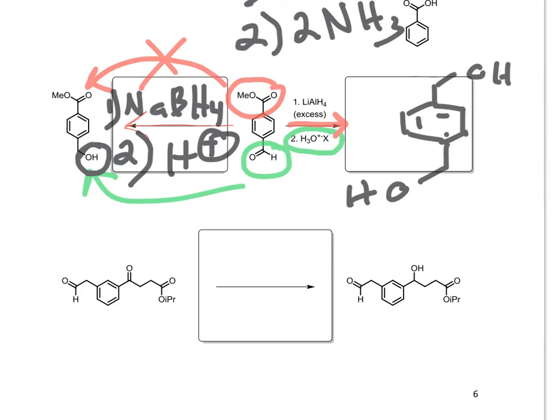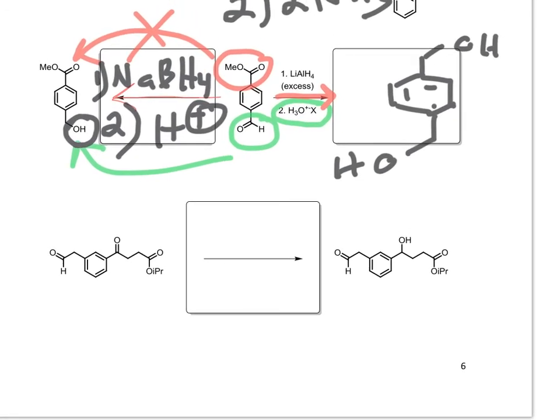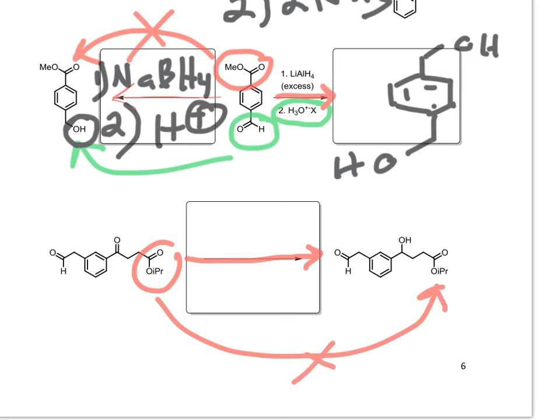The next problem is much more involved. Again, noting where the arrow is, we're going from left to right. We have an ester that's not changing. We have a ketone that is changing.